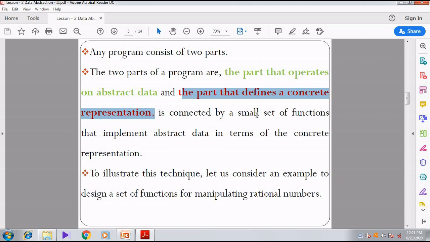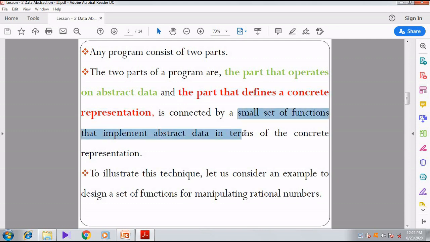It is connected by a small set of functions that implement the abstract data in terms of the concrete representation. So using the functions we are going to apply both: one is the abstract data representation and another one is the concrete data representation.